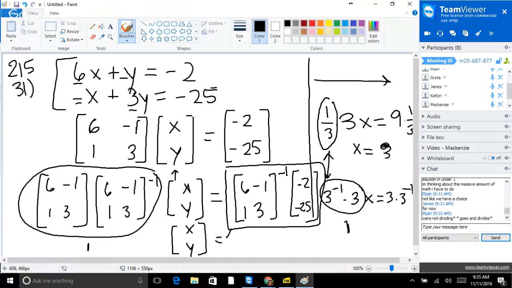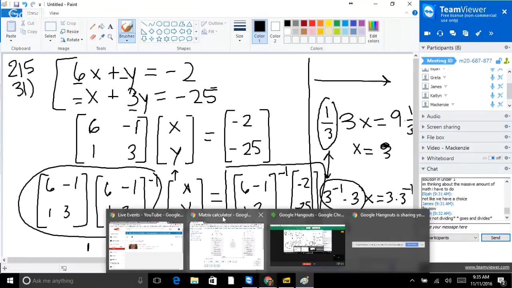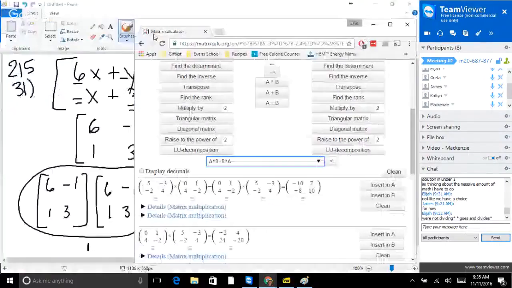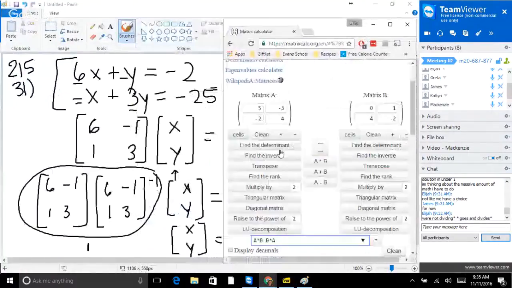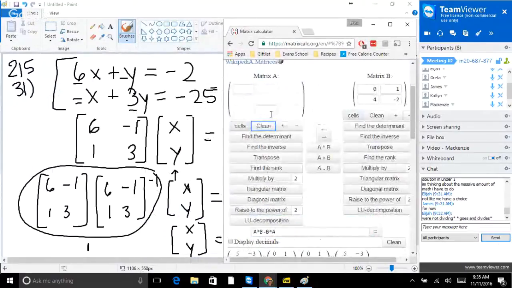Now, we spent some time on Monday talking about how you find the inverse. But what I want to show you is that if you use a calculator, this can be really powerful. So let me try to minimize this so I can actually see what's going on. Let's clear everything off.